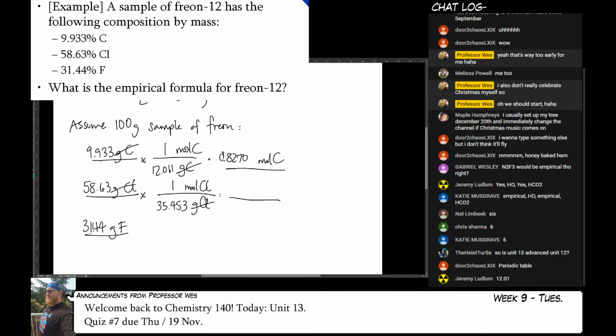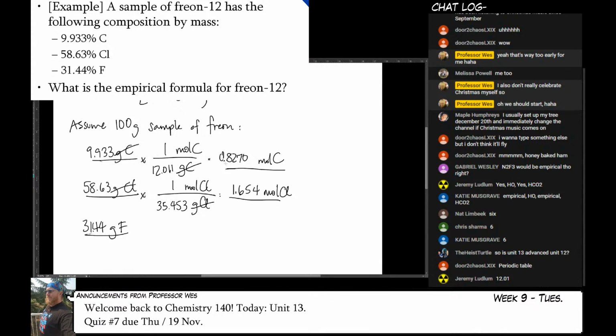And the number I get from my calculator is 1.6537, so 1.654 moles of chlorine.